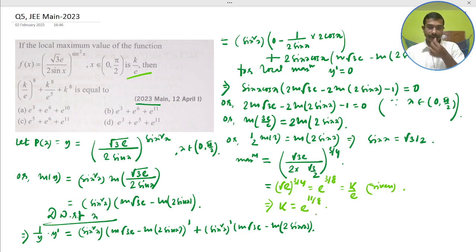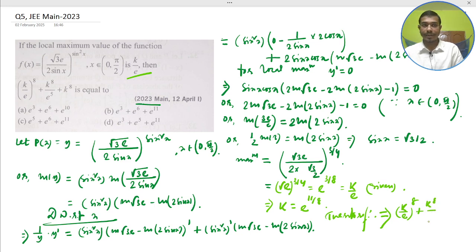Therefore, you have to find this value, (k/e)^8 plus k^8/e^5 plus k^8.